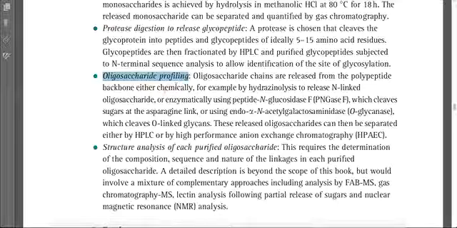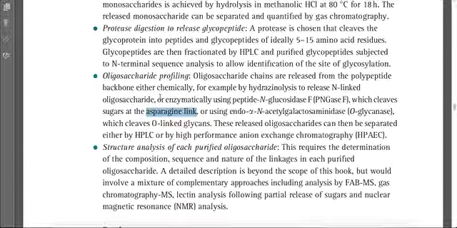oligosaccharide profiling. Oligosaccharide side chains are released from the polypeptide backbone either chemically, for example, treating glycoproteins with hydrazine releases N-linked oligosaccharides, or you can treat it enzymatically with PNGase F, which cleaves sugar on the asparagine link.